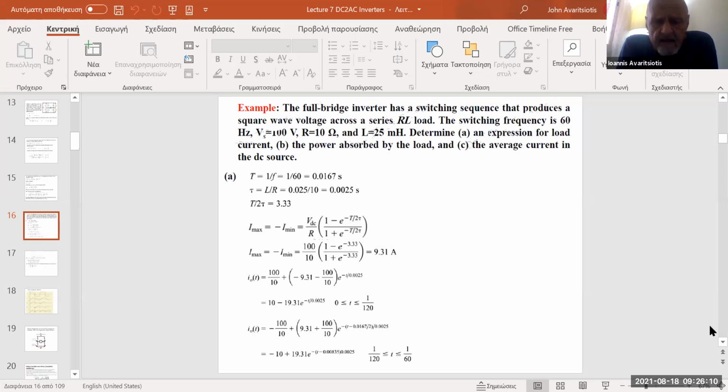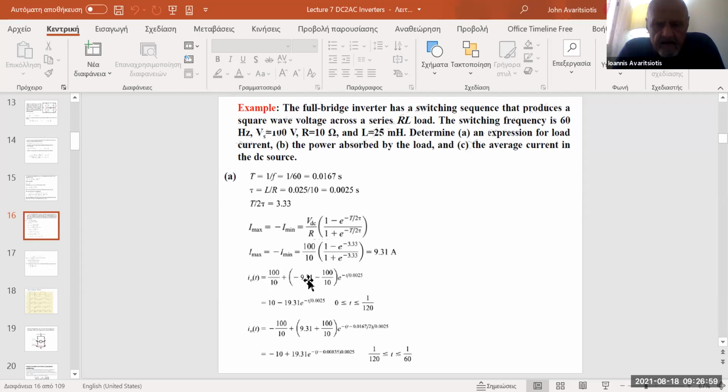Again, we replace the values of the variables and we obtain that for the time slot corresponding to half of the period, from 0 to half of the period, a value for the current as a function of time, which, as you can see, comes out to be a very simple equation with a fixed and an exponential term.